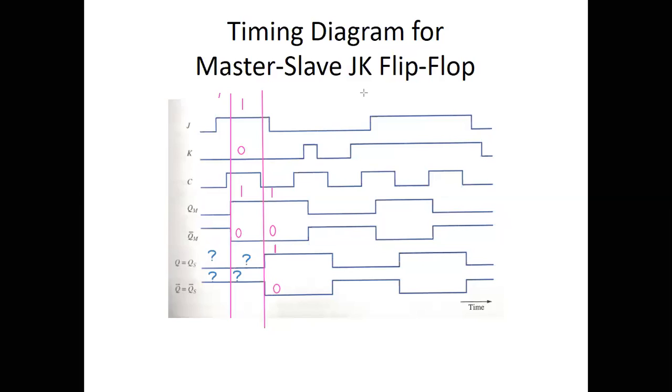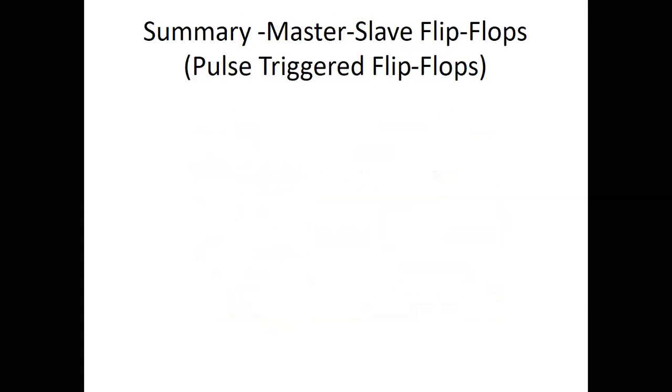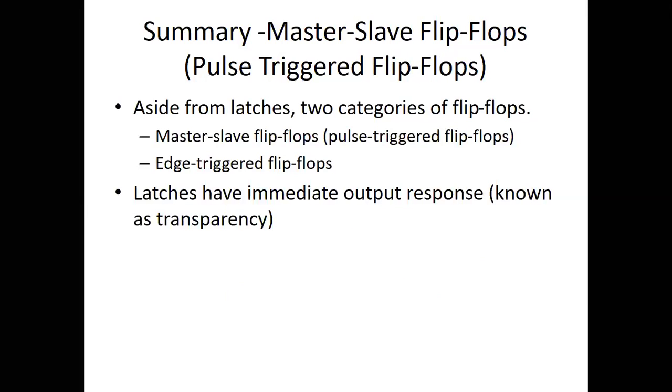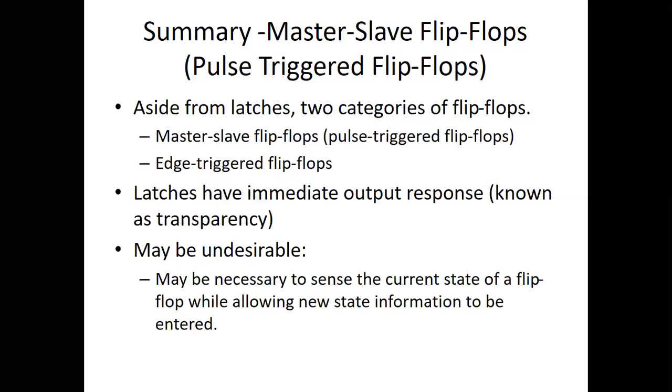So this is a sample timing diagram. You can analyze other conditions, other cases also. Now, whatever we have seen till now is latches. Apart from latches, we will be having two categories of flip-flops. Already I have mentioned that. One is pulse triggering and one is edge triggering.